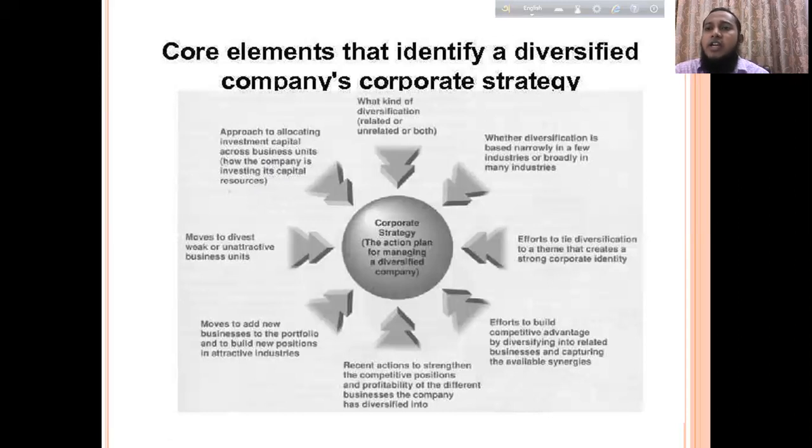But at the time of allocating resources, the company must think about which industry will be able to generate more profit, which investment is secure enough, which investment has potential, and after considering these factors, the top authority will ensure proper utilization of its financial and non-financial resources for a diversified company.